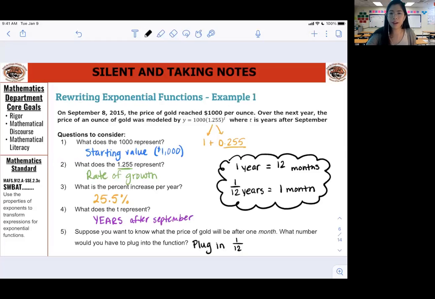Somebody's asking me, how do you get the decimal? Which decimal? Be more specific. The 0.08. Okay, so when Lauren got 0.08, because she said, okay, 1/12 is 0.08. Did you do that in your head, Lauren, or did you just use your calculator? I used the calculator.